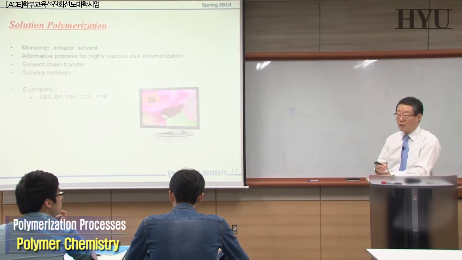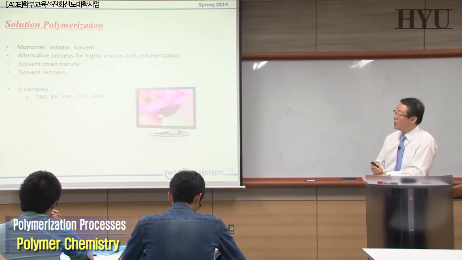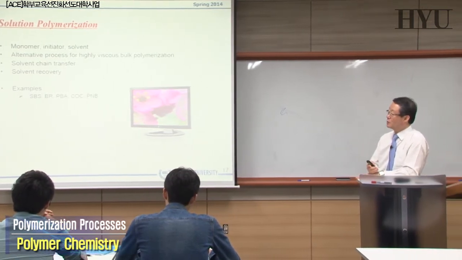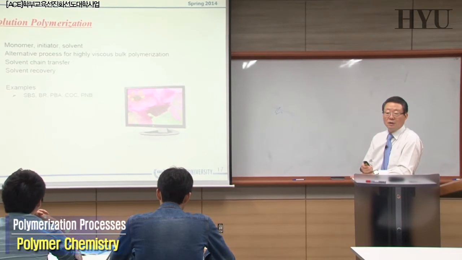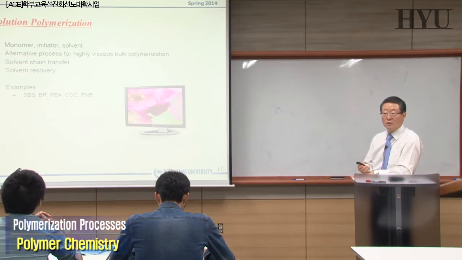These are just examples, and I think you can make many other polymers like polystyrenes, rubbers, acrylonitriles, PMMA, and others using the solvent processes.